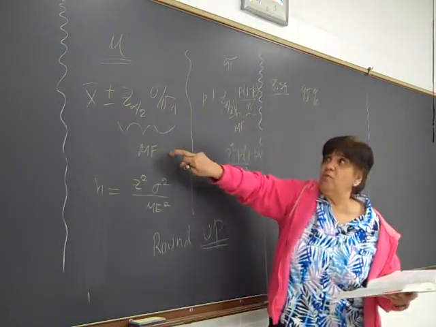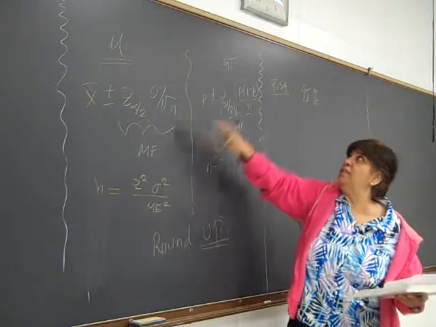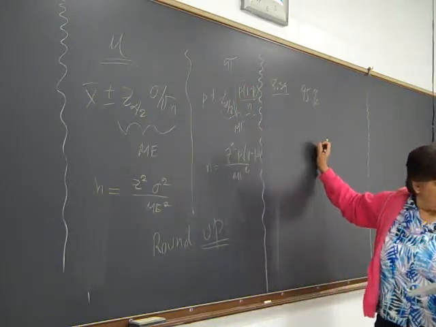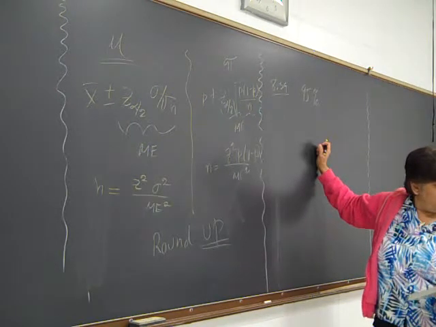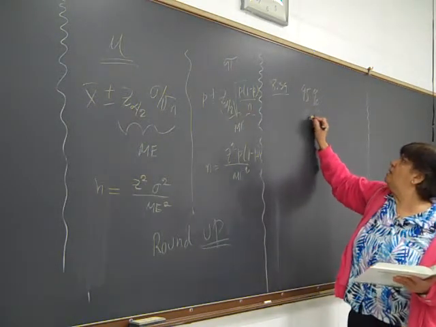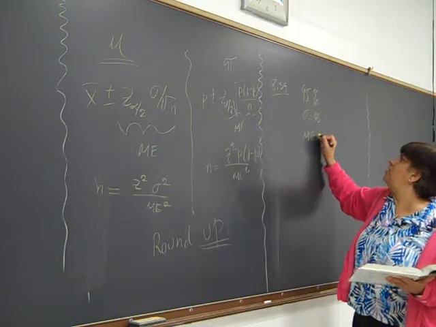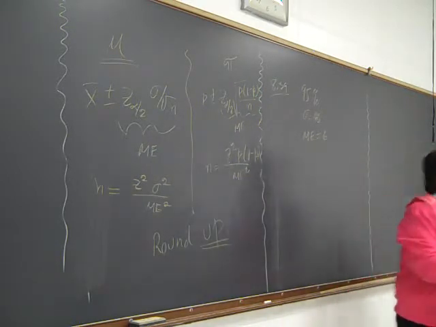So this is the one that we're going to use. This is for the mean, this is for the proportion. To estimate the population mean with sigma equal to 40 and the margin of error equal to 6.